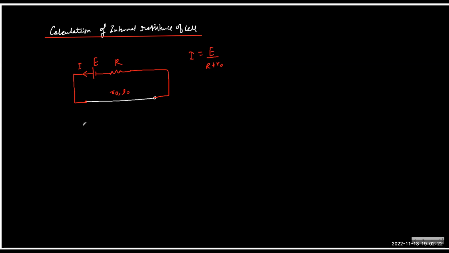So if we have a connection like this, we have K1, we have K2.